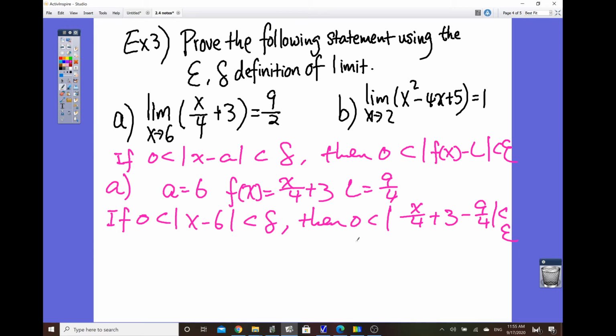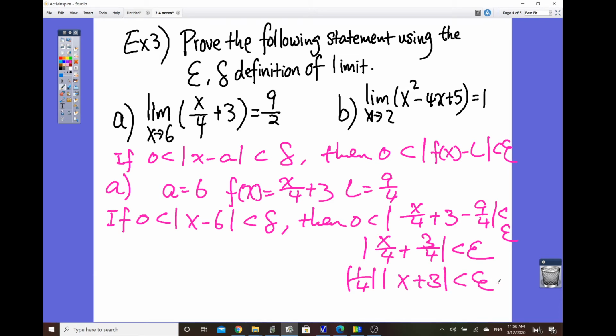Starting with the conclusion, we can combine like terms. Absolute value of x over 4 plus 3 minus 9 over 4. Well, 3 is 12 over 4, so we get 3 over 4, which is less than epsilon. The next thing is to take out the greatest common factor, which is 1/4. Absolute value of 1/4 times absolute value of x plus 3, which is less than epsilon.